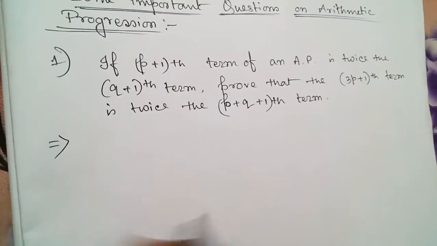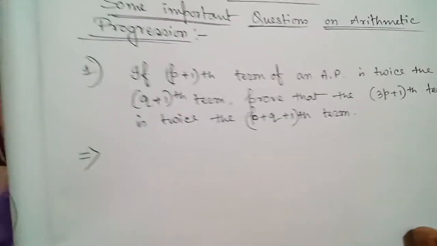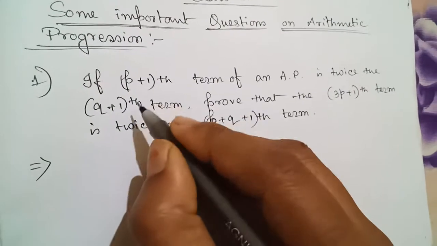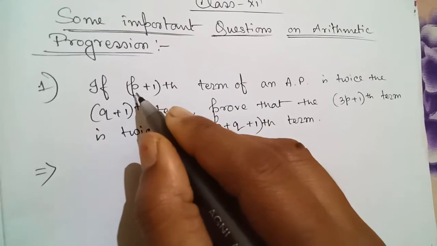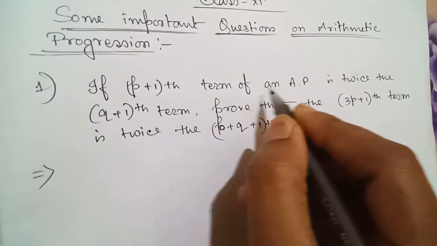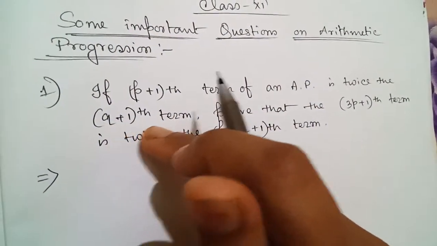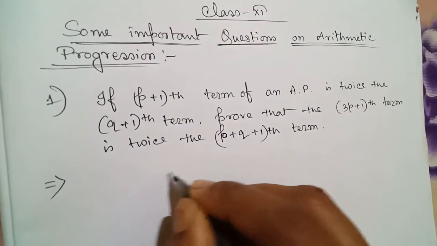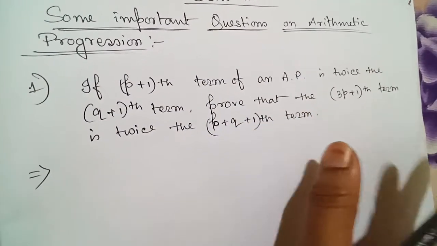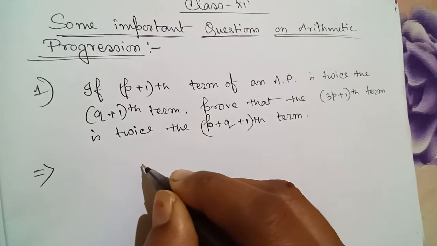So its proof will be like this. It is told that the p plus 1th term of an AP is twice the q plus 1th term. First of all, the first term and common difference have not been given, so we will assume those.